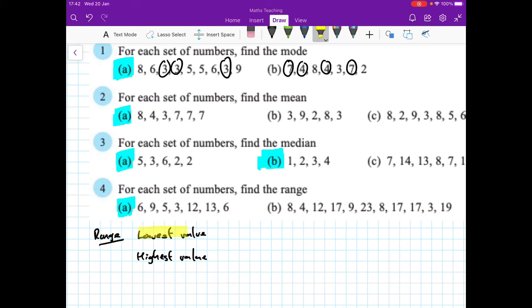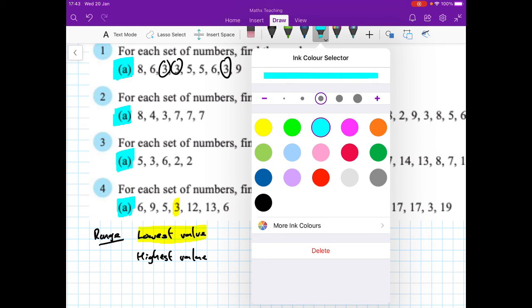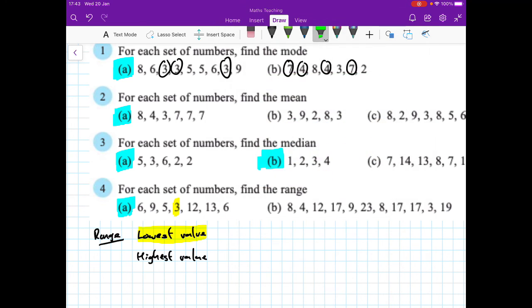The lowest value in this set of numbers, we read across it carefully, is 3. The highest value is 13. Check very carefully every time you do it. So we've got 3 and 13. Therefore, the range is equal to 13 minus 3, which is 10.